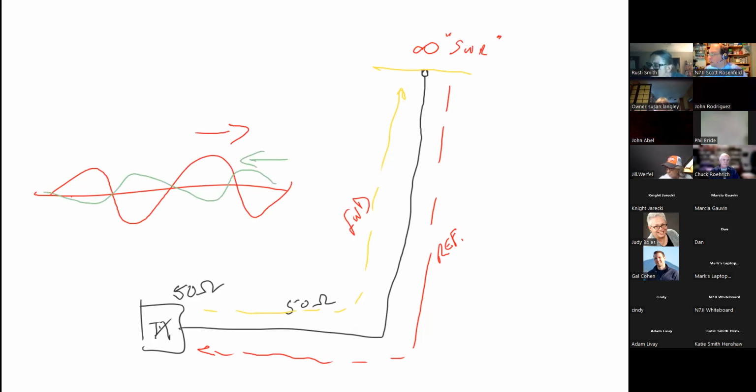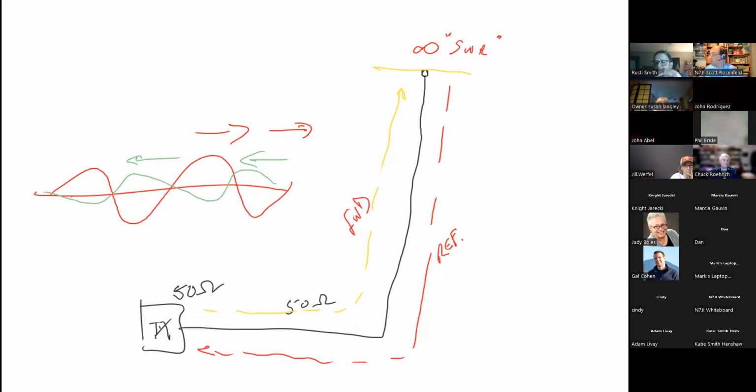So basically what you end up doing is you have 2 watt meters. You can measure the amount of forward traveling RF energy in watts, and you can measure the amount of reflected RF energy in watts. And you use diodes to do this.